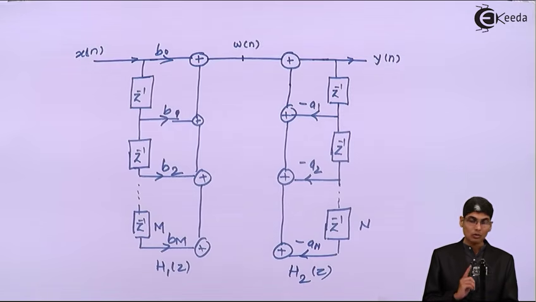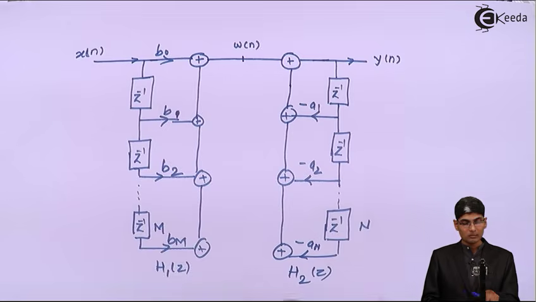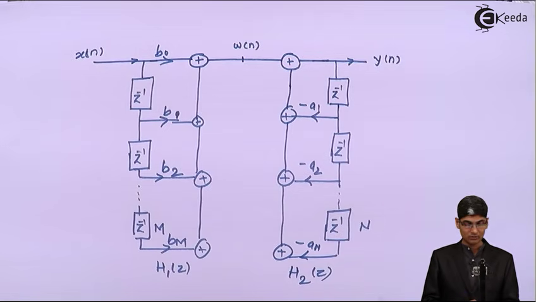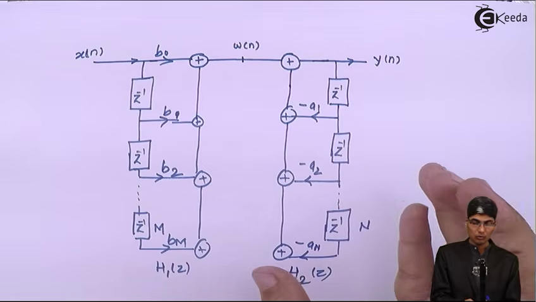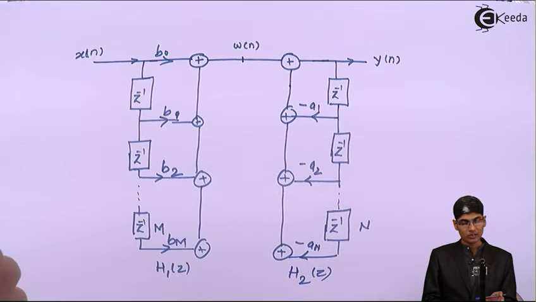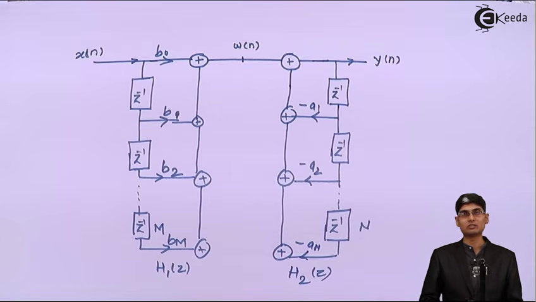The pole coefficient has to be negated in the structure as it has been seen, but for zeros, there is no need for negation. Zeros will move from x of n to y of n direction. Poles will move from y of n to x of n direction. That will be the reverse direction. So poles are feedback structures, zeros are feed forward structures.